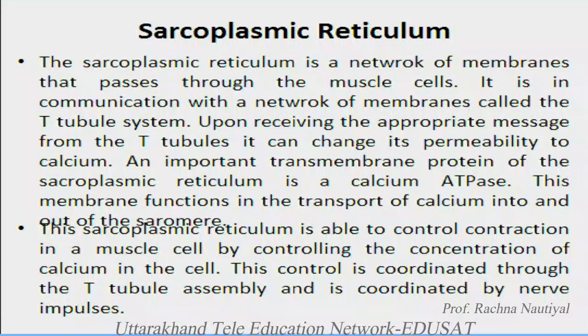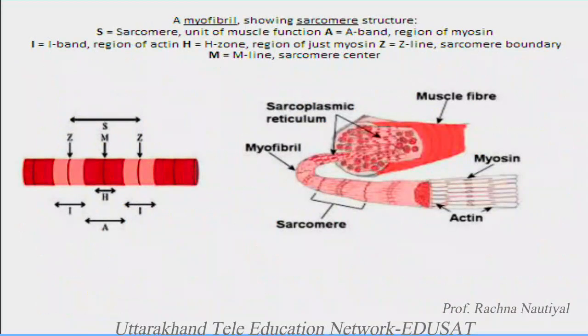Hence, the sarcoplasmic reticulum plays an important role in moving calcium ions into and out of the sarcomere, and hence in muscle contraction, because it is only through the sarcomere that muscle contraction is done in the body. The sarcoplasmic reticulum is able to control contraction in a muscle cell by controlling the concentration of calcium in the cell. This control is coordinated through the T-tubule system and by nerve impulses. That is a summary.